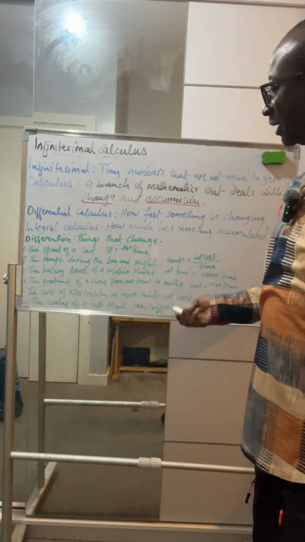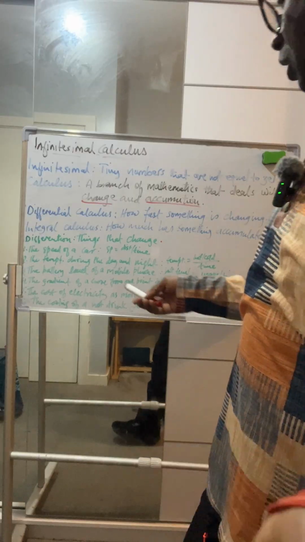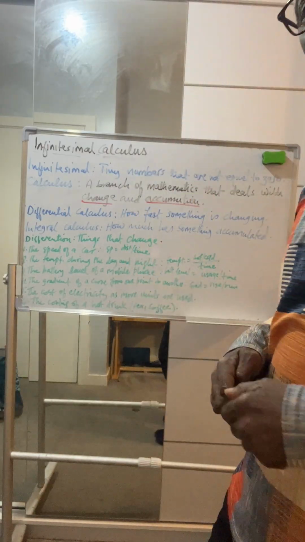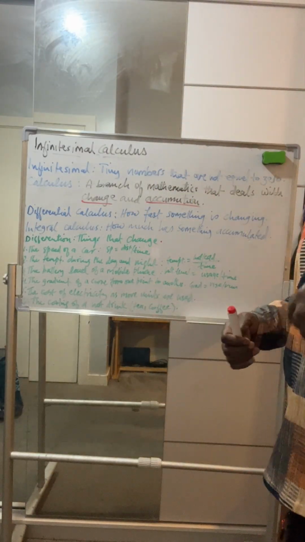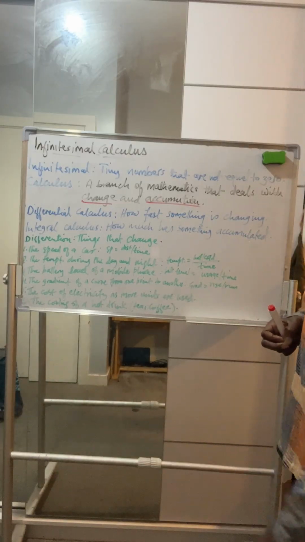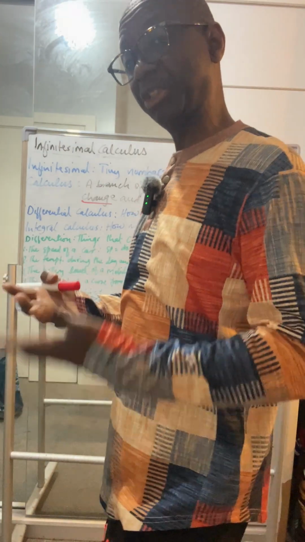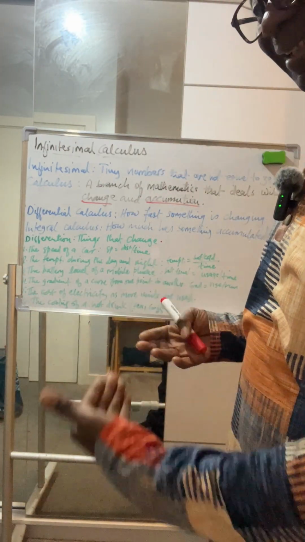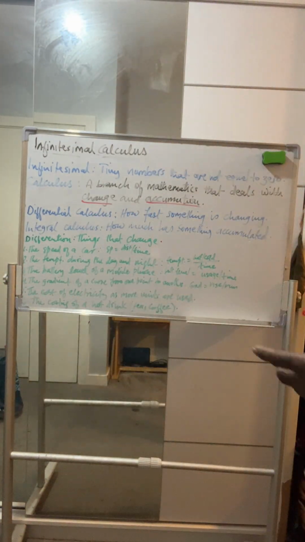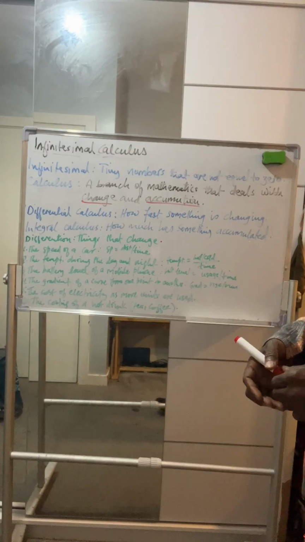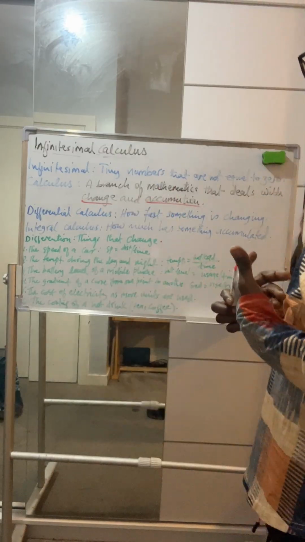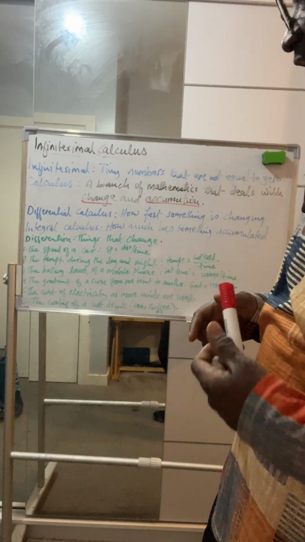What other thing changes? You have the battery level of your mobile phone, for example. You keep on using your phone, and you can see the battery level keeps decreasing because of the usage. So again, the battery level of your mobile phone changes as well.